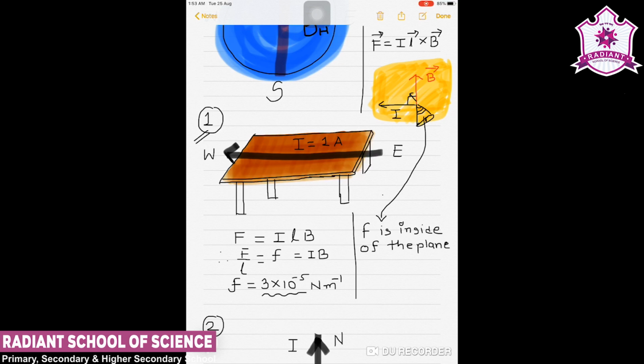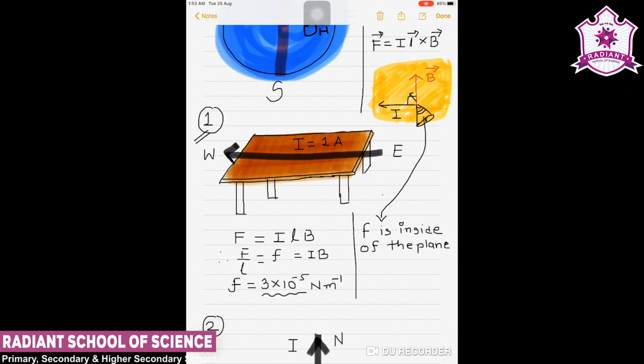So this value of the force is for the Ampere definition, and therefore it is important to eliminate the effect of Earth's magnetic field and other steady fields while standardizing the Ampere value. So when we are defining the Ampere value, all these Earth magnetic field values should be eliminated or neglected.